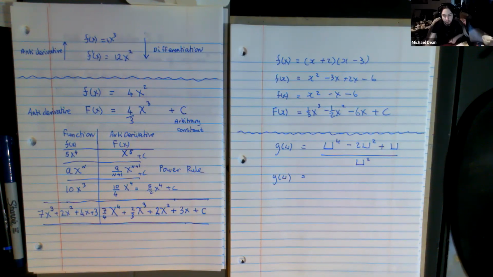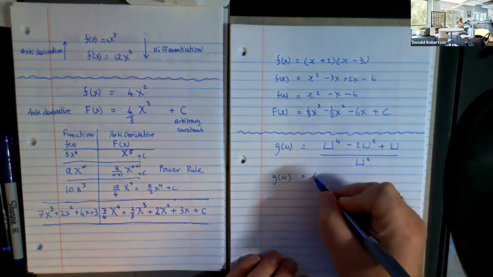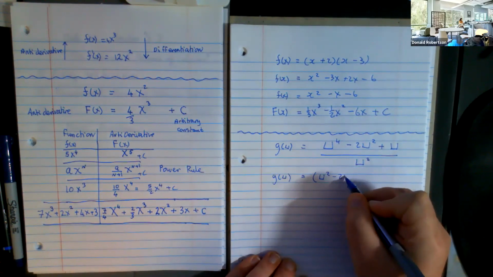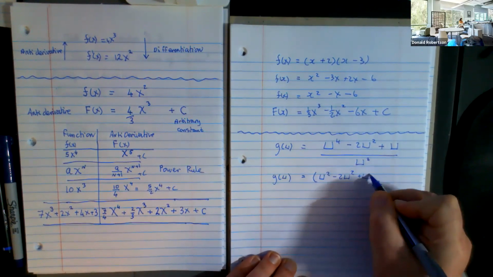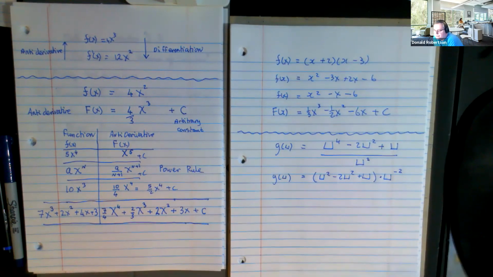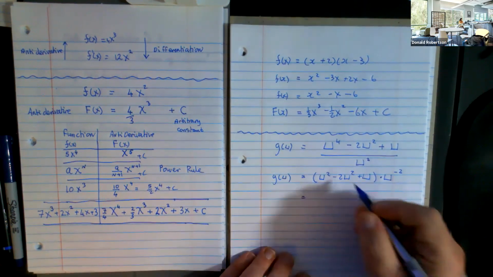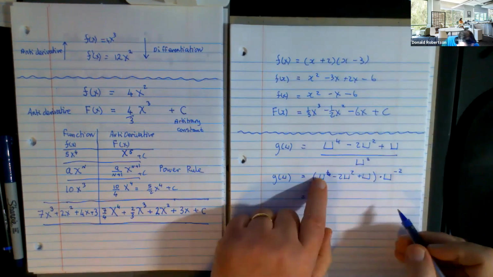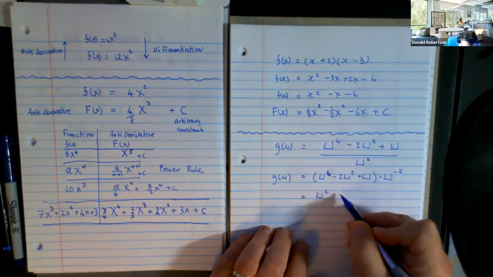Could you multiply everything by u squared? Almost. I'm just going to change one thing. U to the negative 2. Right? Now, if you did it that way, oops, that's a 4. This guy times that guy is u squared.